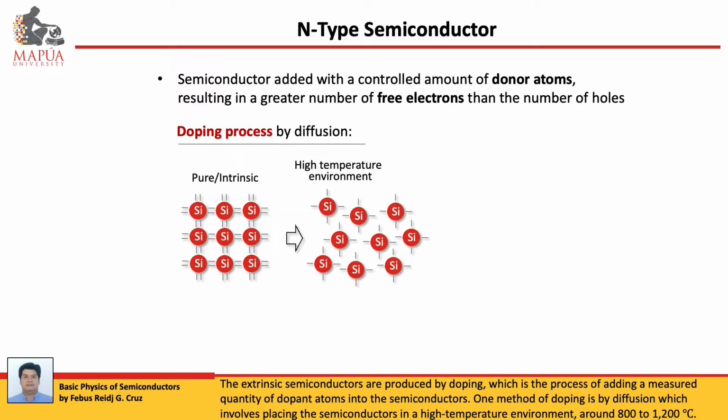The extrinsic semiconductors are produced by doping, which is the process of adding a measured quantity of dopant atoms into the semiconductors. One method of doping is by diffusion, which involves placing the semiconductors in a high temperature environment, around 800 to 1200 degrees Celsius.